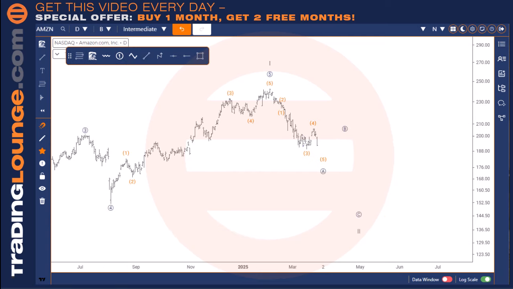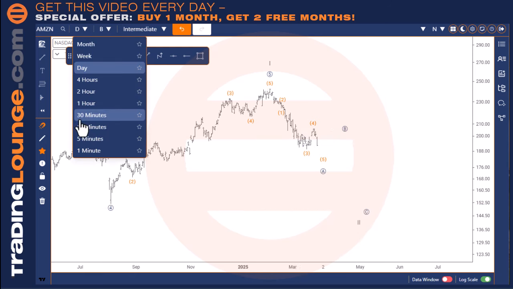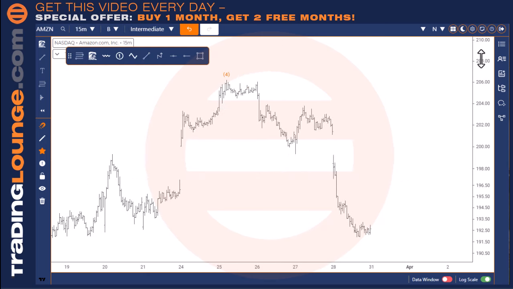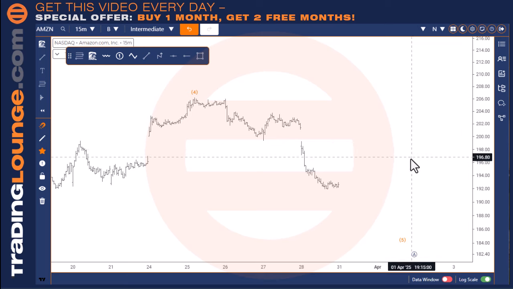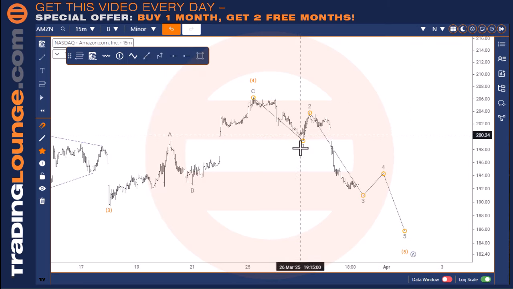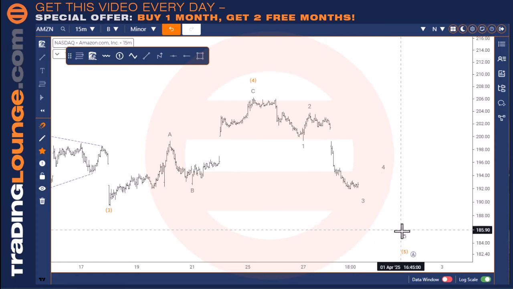And with Amazon here on the daily chart, we'll be looking at this as a wave 1, just as we looked at before, and 1, 2, 3, 4, 5 here for the A wave, the B wave, and the C wave here. Coming into this little area on the 15-minute chart, we've got our wave 4 up here, and all we need to do is count 5 waves down from this low here, so 3, 4, 5.